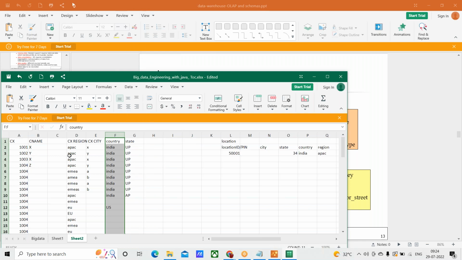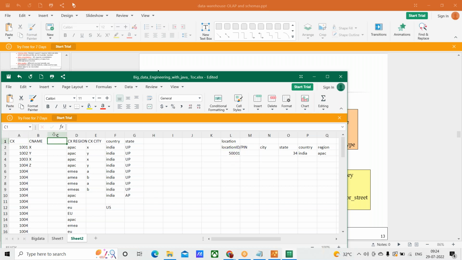Then how do you join these two tables? For example, you want to know which state the customer is in. At that time, you have to join these two tables, right? To know which state, country or city the customer belongs to. Because now the customer table is different, and the location table is different. Here location ID is there, right?